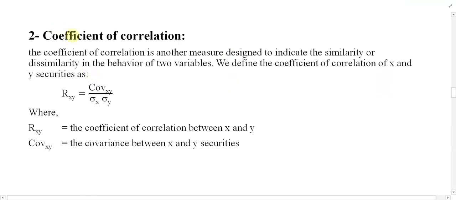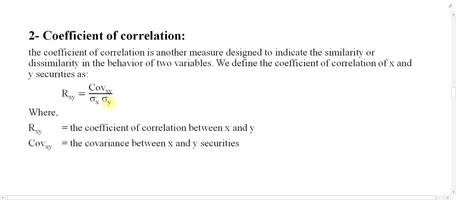The second technique is this one, the coefficient of correlation. The coefficient of correlation is another measure designed to indicate the similarity or dissimilarity in the behavior of two variables. We define the coefficient of correlation between X and Y securities as the covariance between X and Y divided by the standard deviation of X and the standard deviation of Y, right?